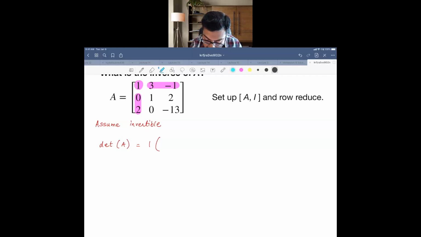The submatrix hence is going to be over here. So 1 multiplied by the determinant of the submatrix. This is going to be negative 13 minus 0. I do the same thing for all the other elements in my first row. Negative 3, right? For the second one, I do a negative sign.